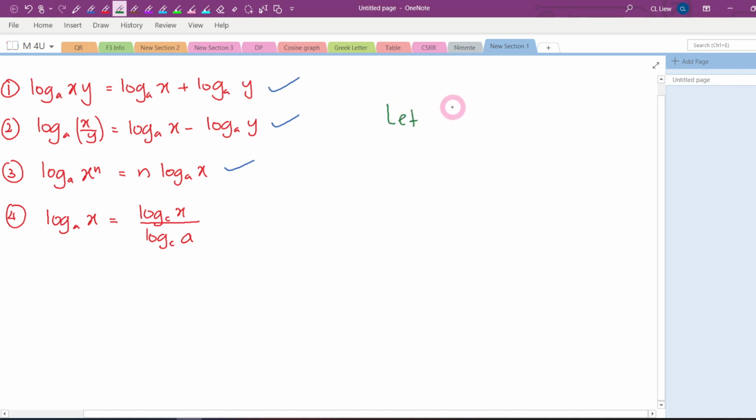Let log base a of x is equal to y. So if I can get y, I get the value of this, right? Because y is equal to this. So what I'm going to do next is bring the a up like this. a power y, right? x is equal to a power y. So what I'm going to do next is to add log base c for both sides.